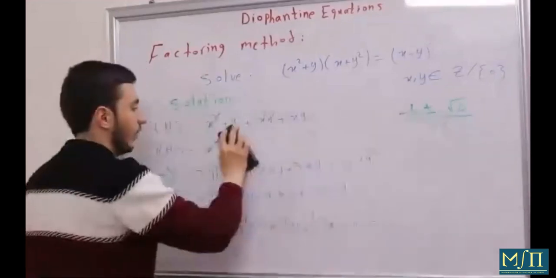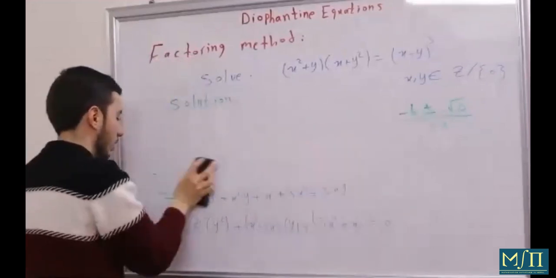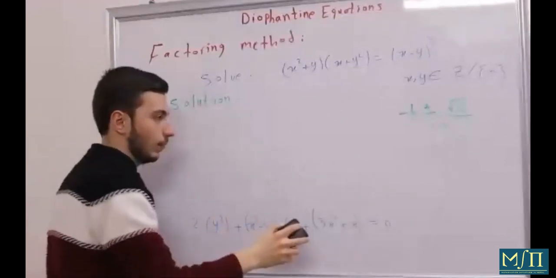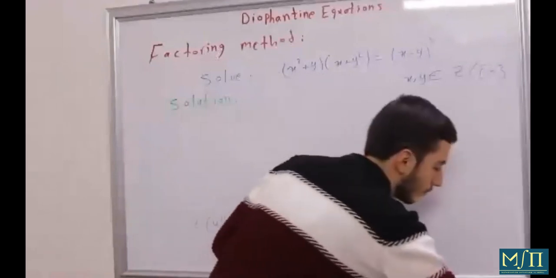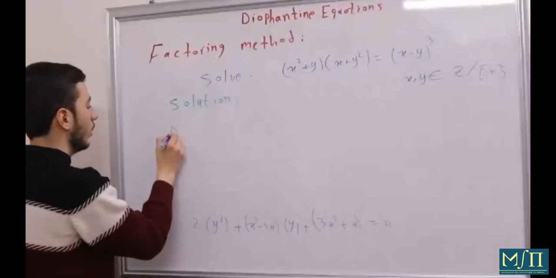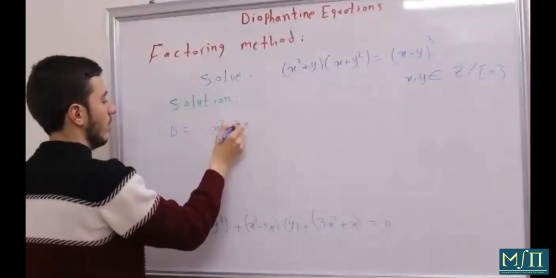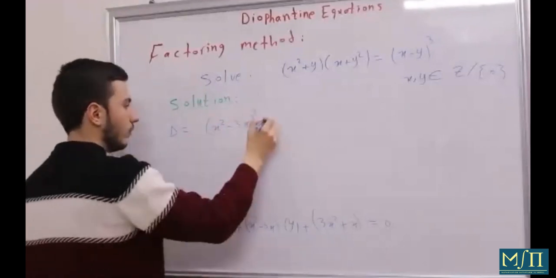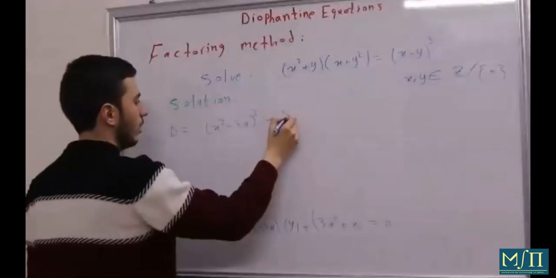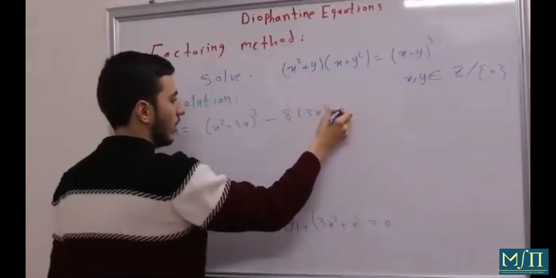Okay, so let's erase everything and evaluate delta. What is the value of delta? b squared is x squared minus 3 times x, squared, minus 4 times 2 times 3x squared plus x.